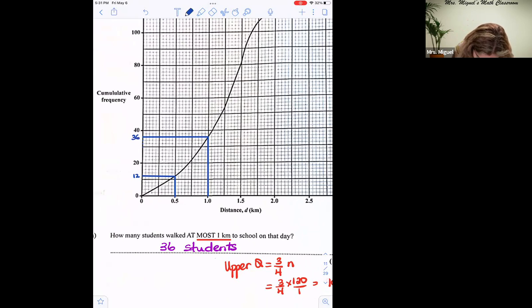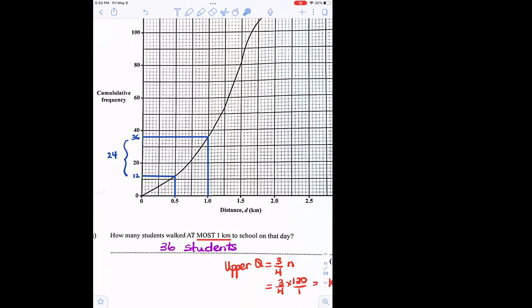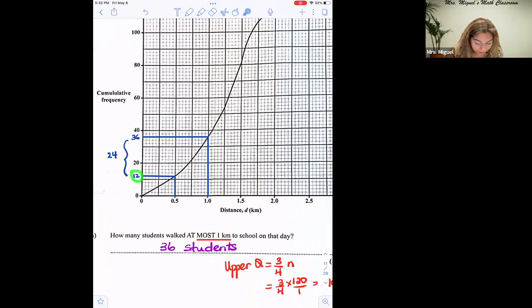But the value that they got is 24. Could somebody tell me how they got 24 from 36 and 12? Just take away 12. So you take away 12 from 36. Is that what you're saying, Amrita?